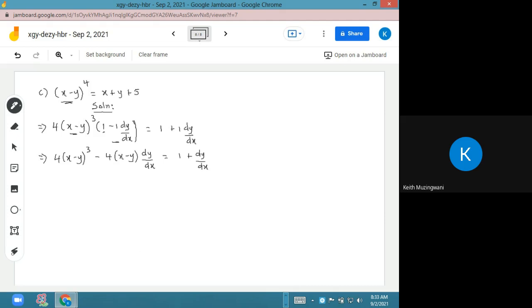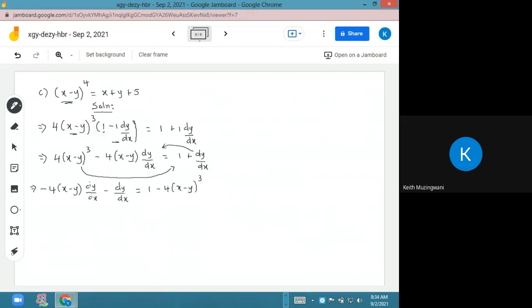And then we take this one to the other side and that one to the other side because we're looking for dy dx. So we'll have negative 4 times x minus y dy dx minus dy dx is equal to 1 minus 4 times x minus y to the power 3.